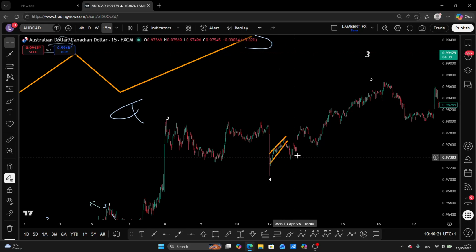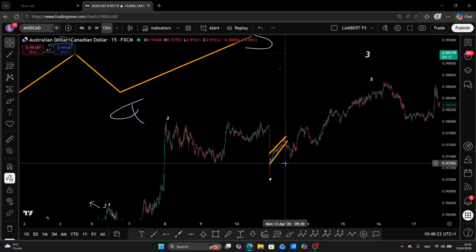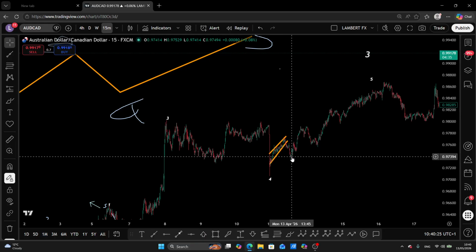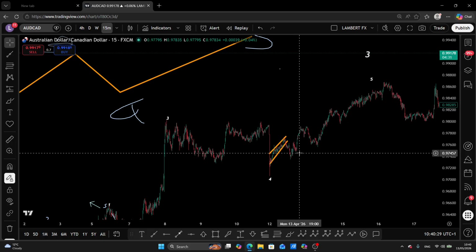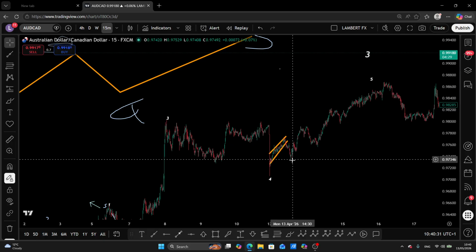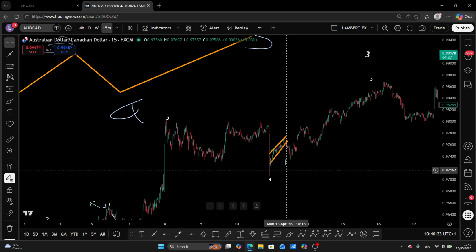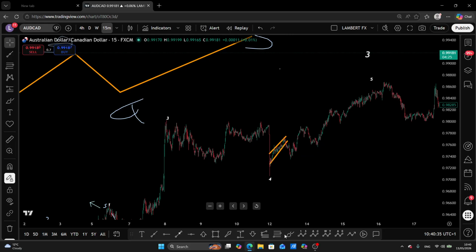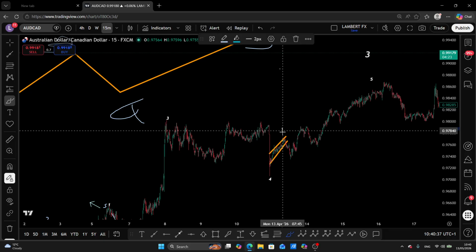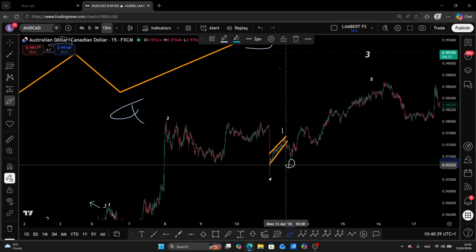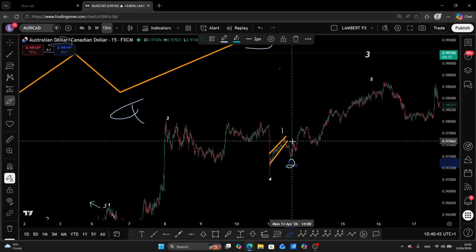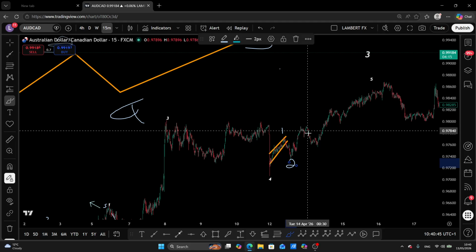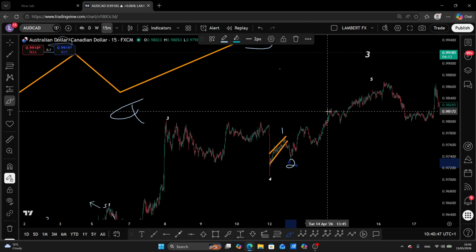Then we have the correction for 2, and after the 2 you need a 1 2 3 4 5 for 3. Basically you got 1 there, let me label it, you got 1 there, you got 2 here. After this you need a 1 2 3 4 5 for 3.